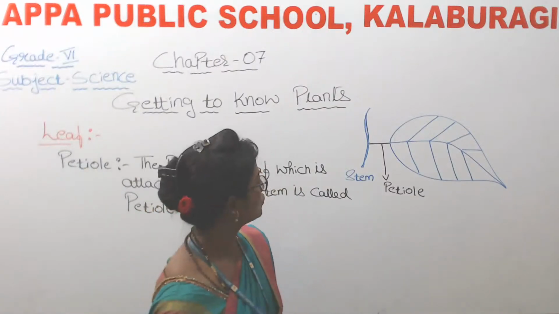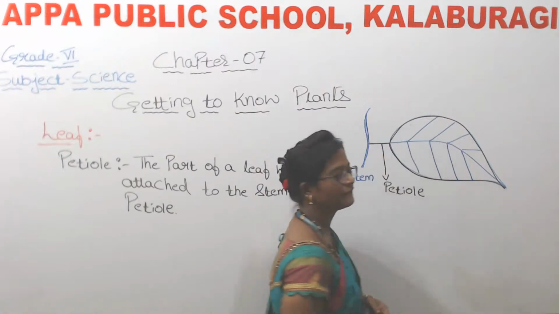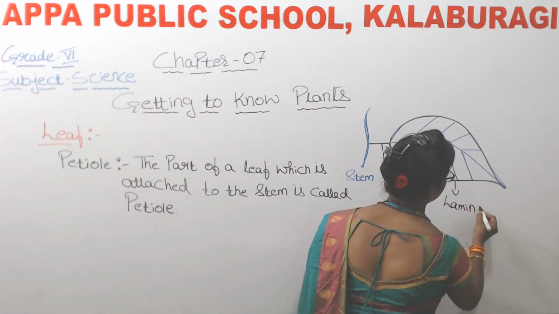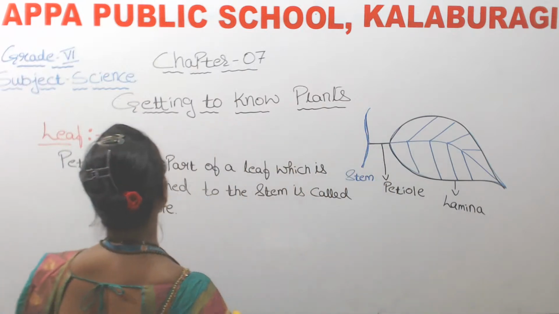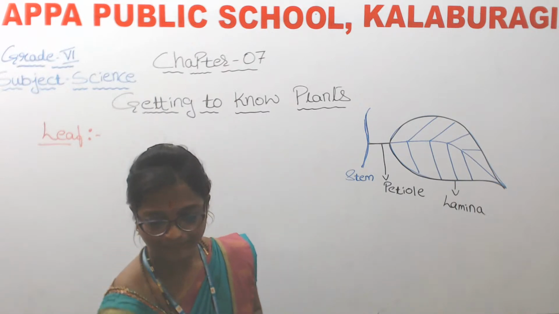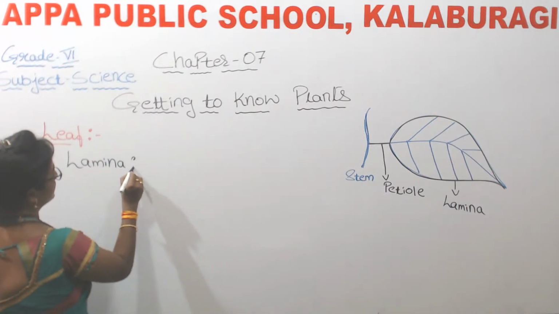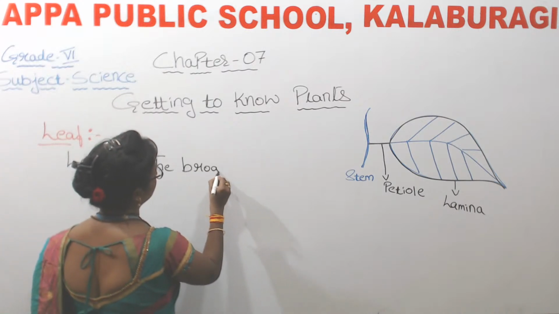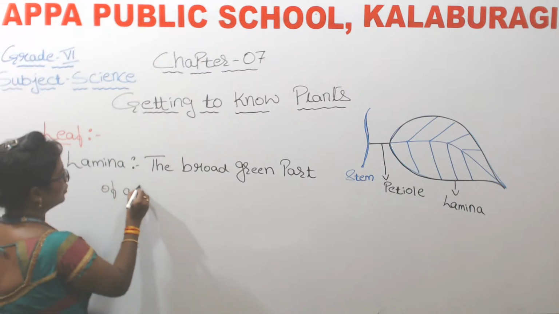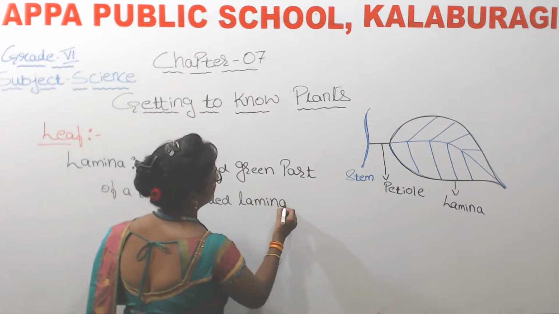Now when we talk about this part, the broad green part of a leaf, what do we call it? Yes, children, this part is known as lamina. Let me write here. What do you mean by lamina?